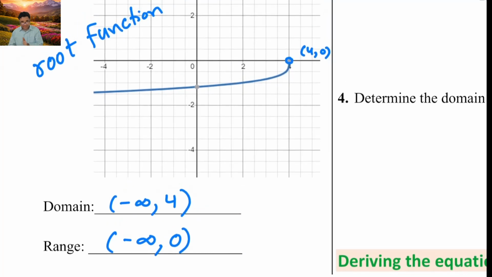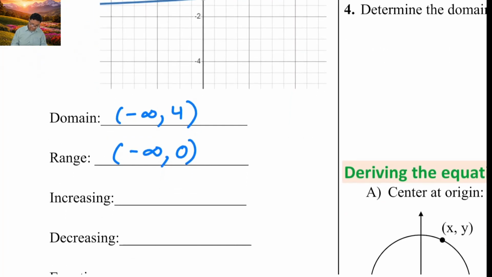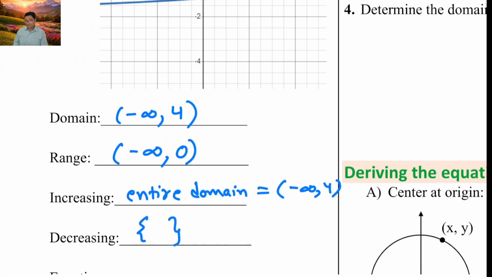And if you see from left to right, it is always increasing. So the answer is the entire domain, which is basically the same answer. It's increasing in the whole domain. That means clearly it is not decreasing anywhere. Empty.